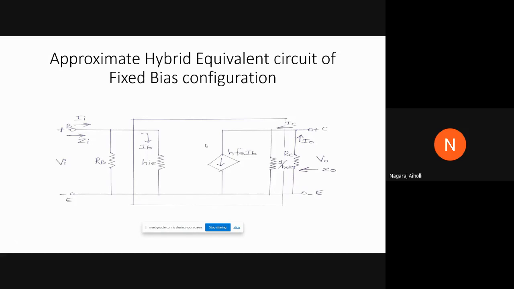Understood here, students, this approximate hybrid equivalent circuit of fixed bias configuration? Any doubts here? Any questions up till now? Any doubts, Sai Prakash? No, sir. Clear up till here? Yes, sir. Sania?